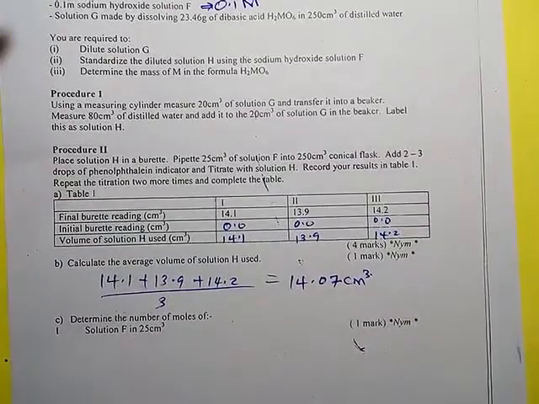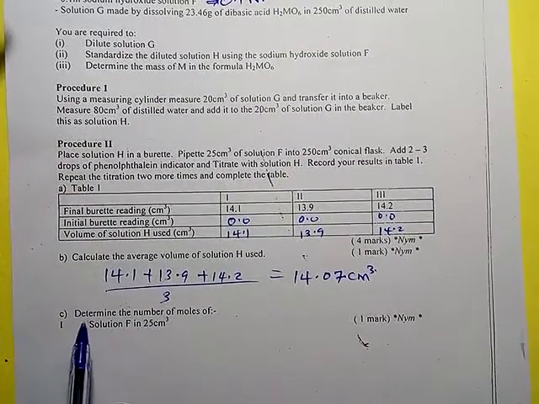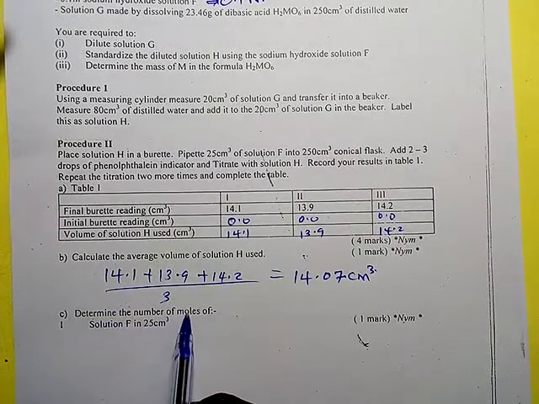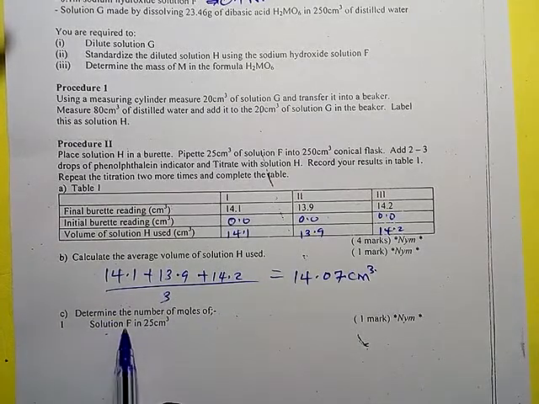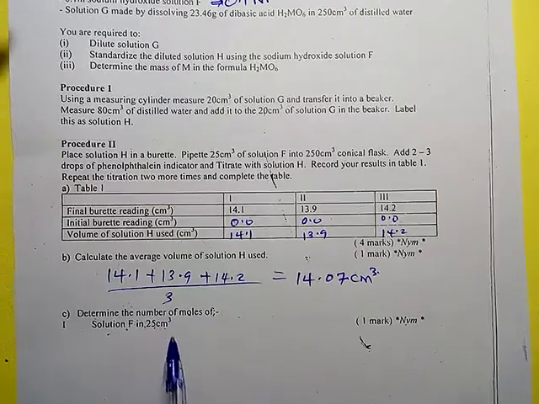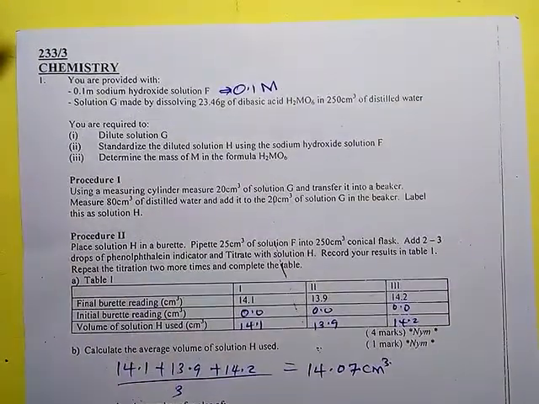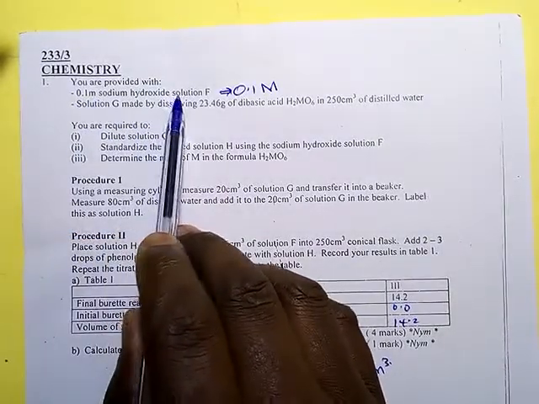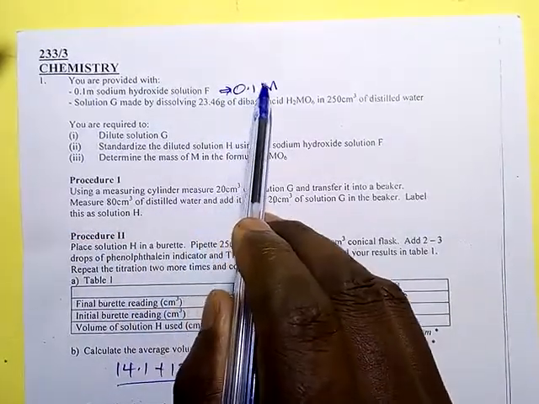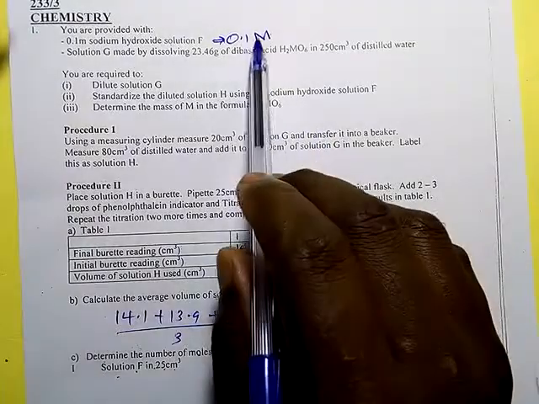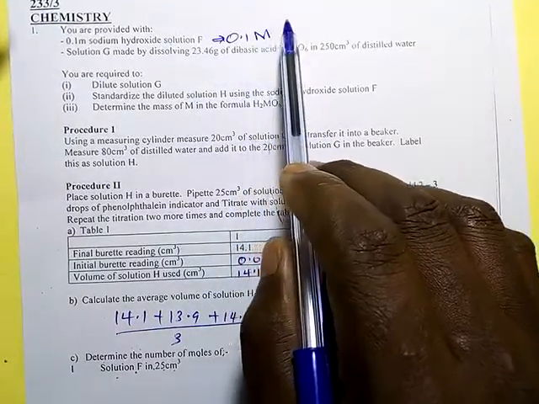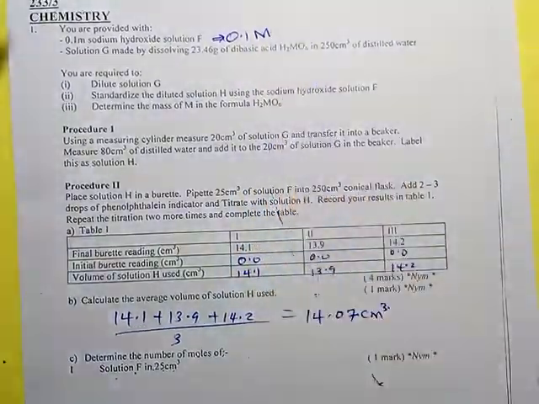That is the average. Okay, now we want to determine the number of moles of solution F in 25 centimeters cube. Solution F is 0.1 molar, meaning that this is the number of moles in 1 liter, in 1000 centimeters cube.